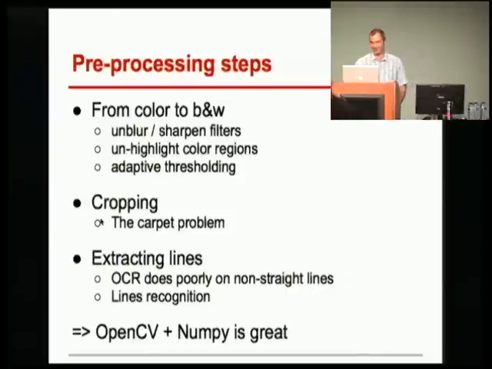Yeah, we undo that. And then we run some adaptive thresholding. So basically, it's an algorithm that takes the color image and makes it into black and white. And as opposed to using a global threshold for the whole image, it uses a threshold on the area that it's processing.